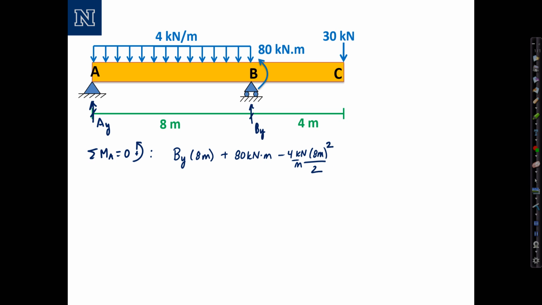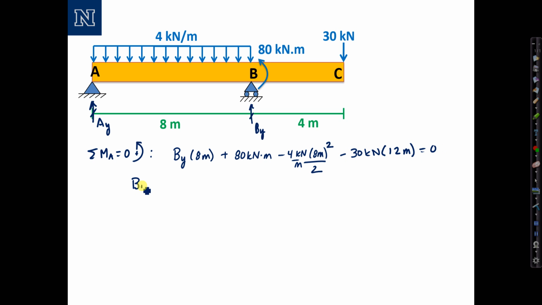This is my shortcut rule, WL squared over 2. And then finally I have the contribution due to this concentrated force at the end, minus 30 kilonewtons, because it's in the clockwise direction, times the distance over which it acts, 12 meters, and set that equal to 0.